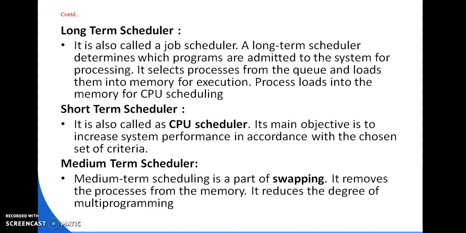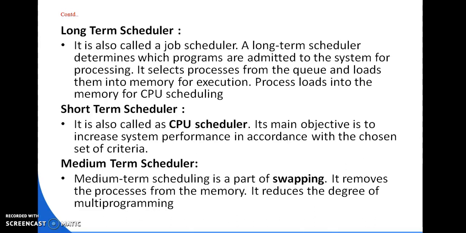The CPU scheduler selects a process among the processes that are ready to execute and allocates the CPU to one of them. The short-term scheduler, also known as the dispatcher, basically works within the processor. That means it schedules the job when it moves from the ready state to the executing state.